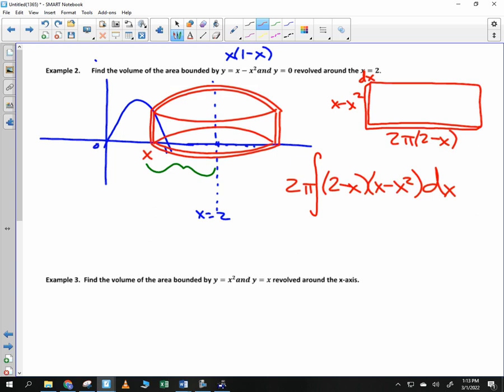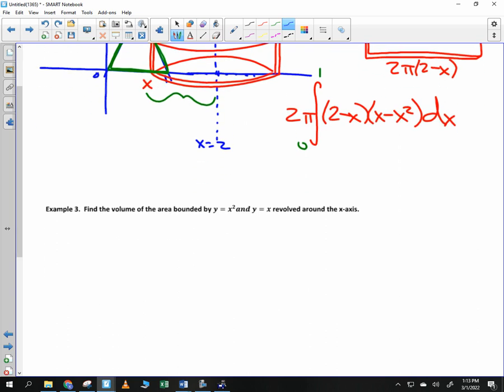What are the bounds? Look at your original area. The original area we drew is right here. We'll look at the x values of that original area, and it is what to what? 0 to 1. I like 0 to 1. So we should probably multiply that out. I know some of you might feel a little anxious about that multiplying, but the tough part was setting up.